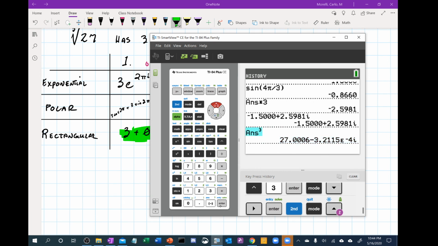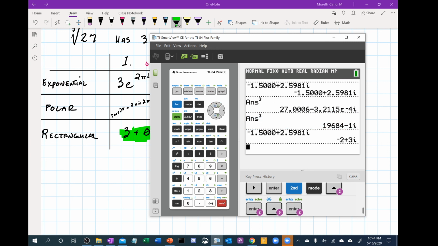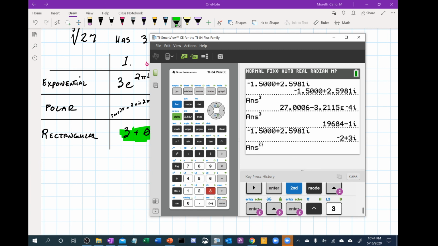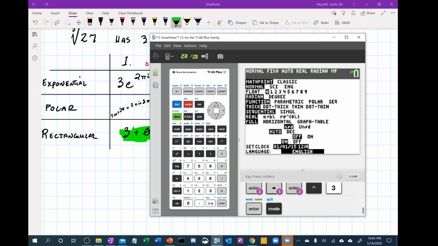Check this out. Now I got to go do this again. Negative 2 plus 3i. Okay. Let's see. Maybe now I've ruined the float. Okay, so let's see. 27. Okay. So let me put my float back.